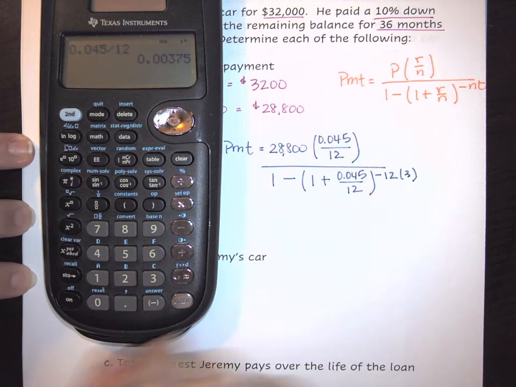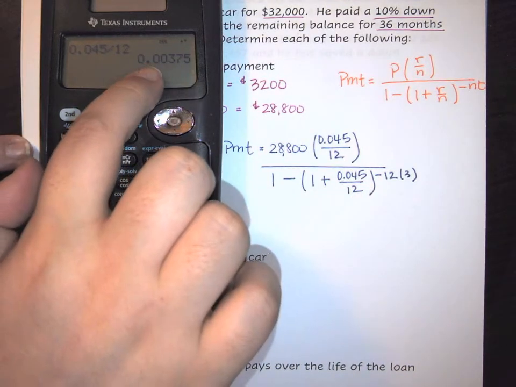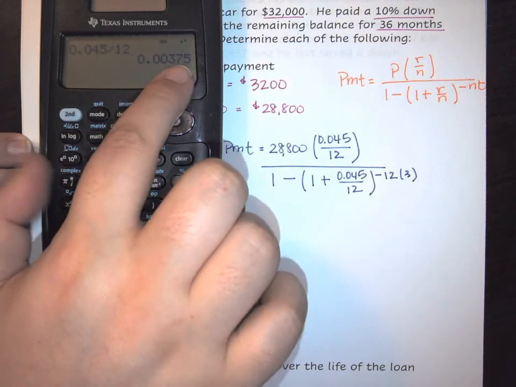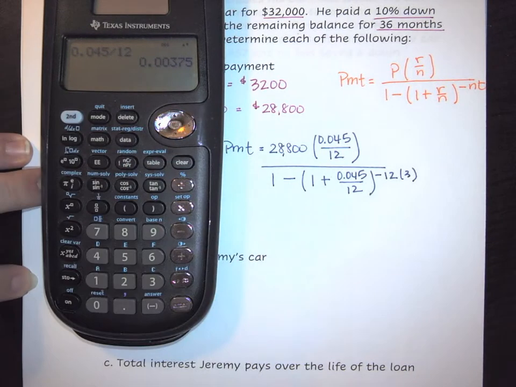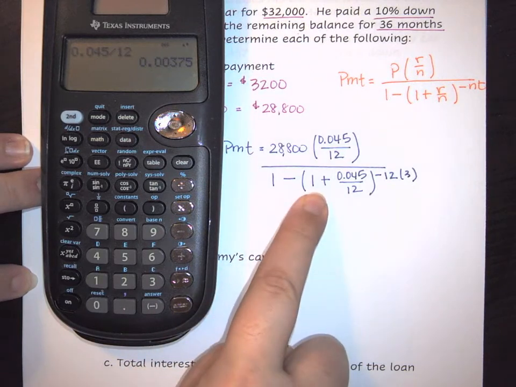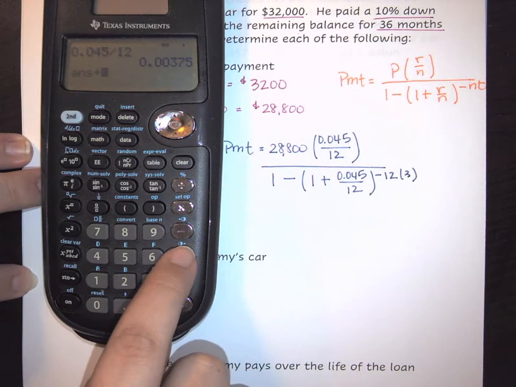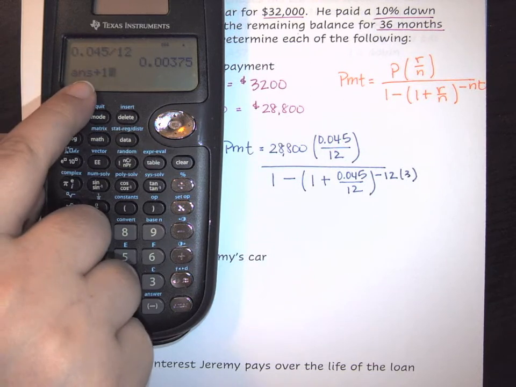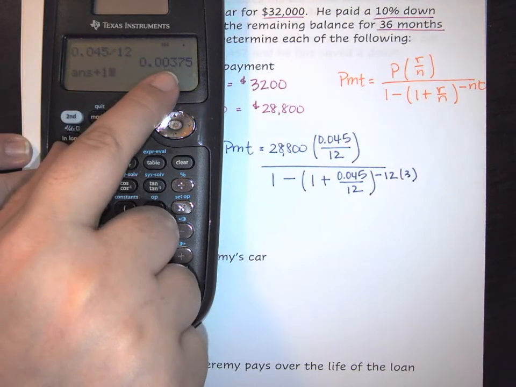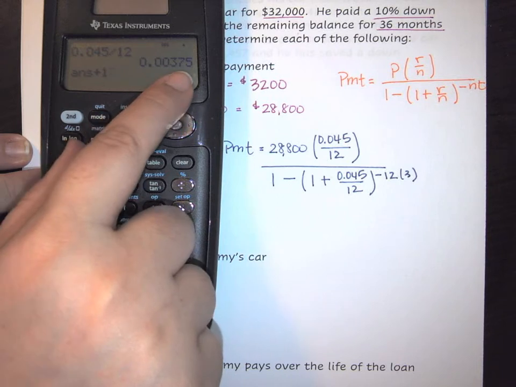Now the key is, after everything we do, we're going to hit enter because this is going to store that answer in your calculator. So now if I just simply come into here and the next thing I want to do is add 1, all I have to do is go plus 1. So here ANS stands for the previous answer, which in this case was the 0.00375.